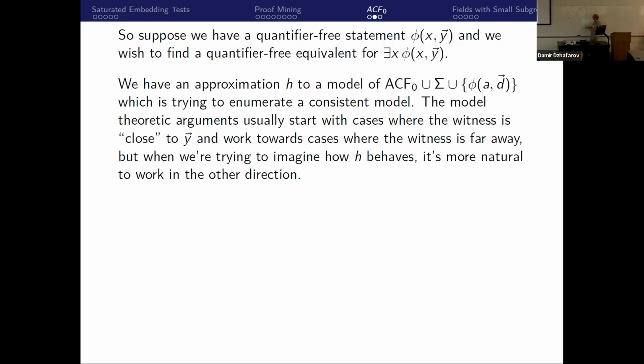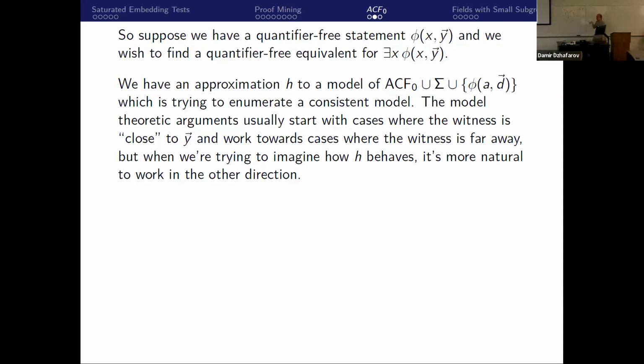I have these models, these approximations to models, H and rho. H is trying to make the existential consistent, and rho is trying to make it inconsistent. I like to think of them as being in a dialogue, competing over whether phi of a, d is going to be true.